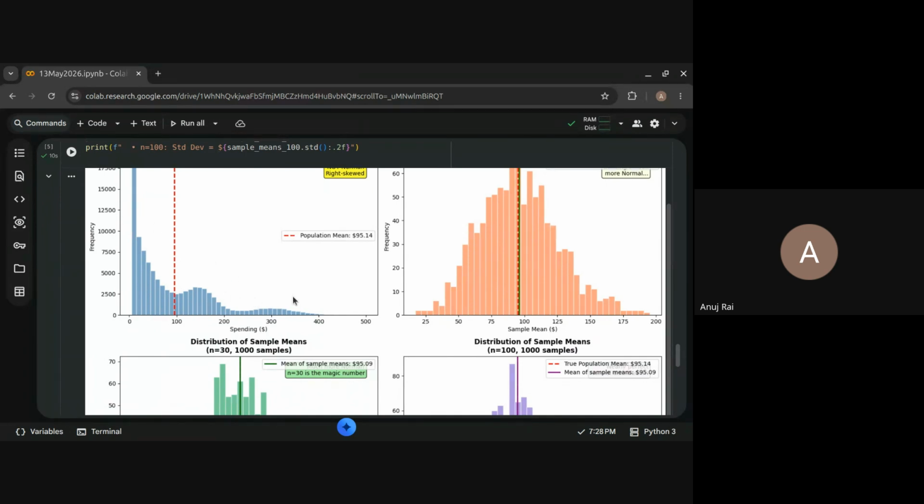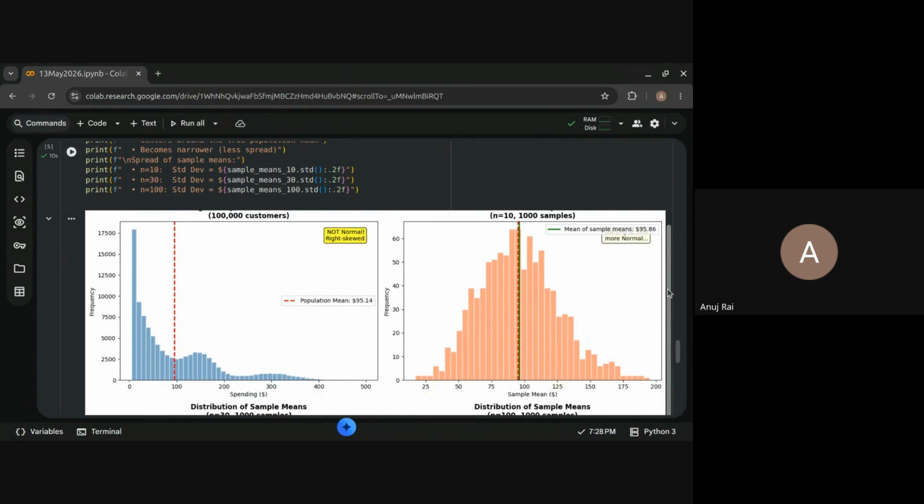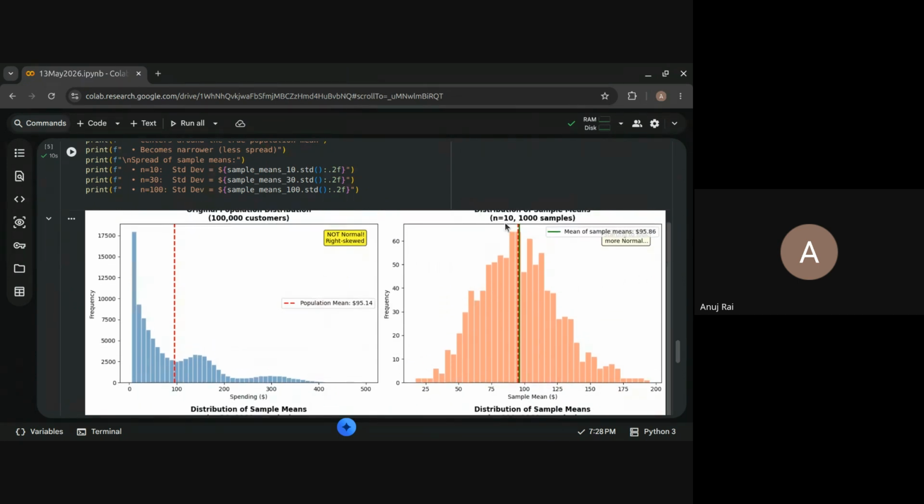This is the true spending. And here, these are the sample averages. What you do is collect, let's say, 100 data points from the population. If n is 5, or if n is 10, here you collect 1,000 samples 10 times. You calculate the mean each time, and then it gives you a sample of means like this.